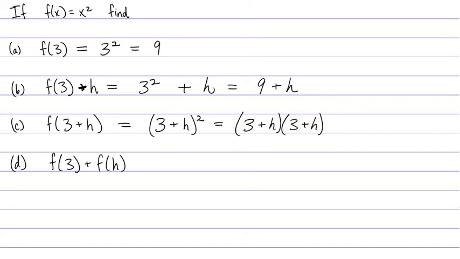So 3 plus h times 3 plus h. And then we can go ahead and expand. 9 plus 3h plus another 3h plus h squared, which we could go ahead and simplify as 9 plus 6h plus h squared. You know what? Let's just do here. 9 plus 6h plus h squared.